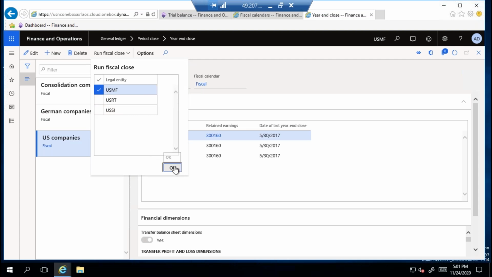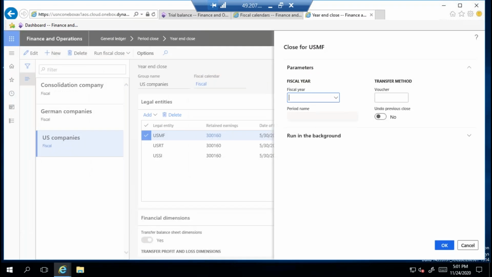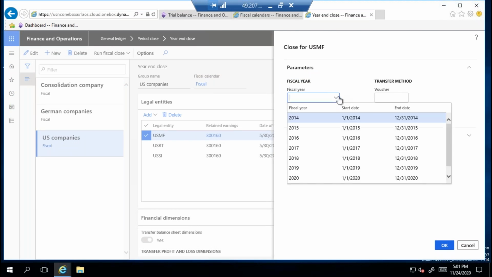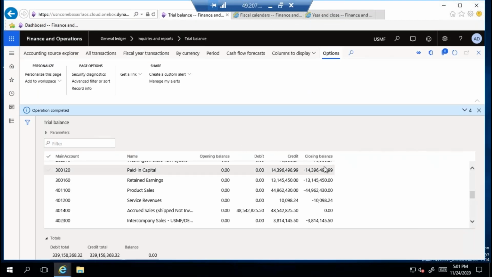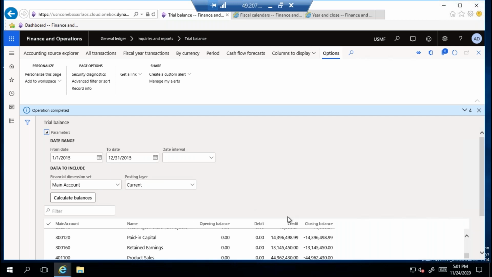Okay, click OK. Now financial year 2015. I want to run for 2015, because if you execute for 2015, this 2015 closing balance will become the 2016 Jan 1st opening balance.